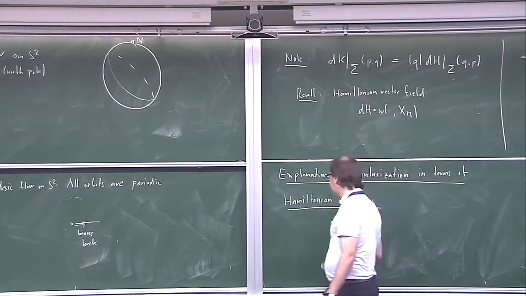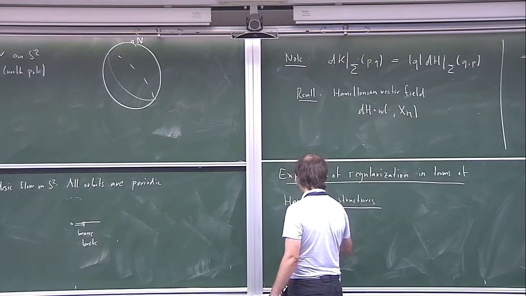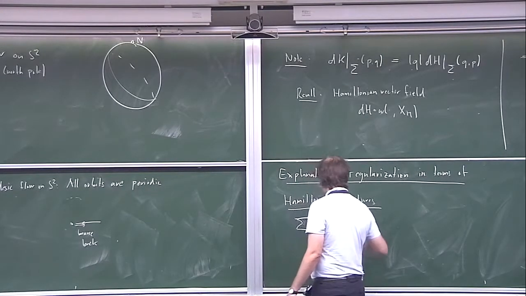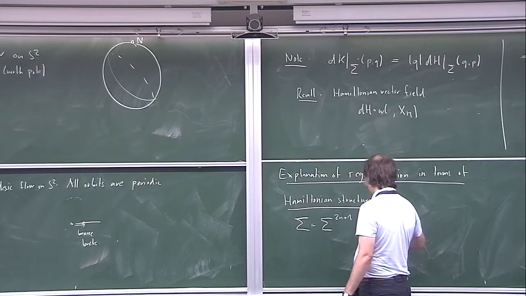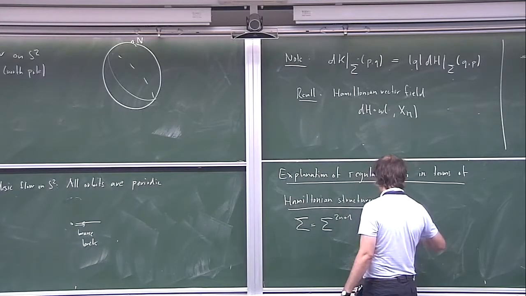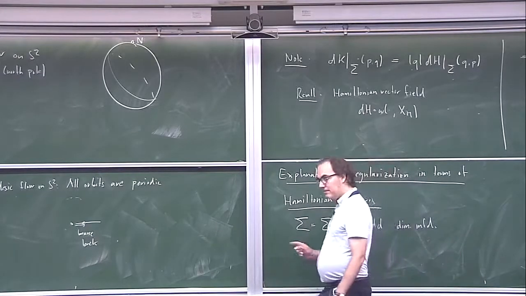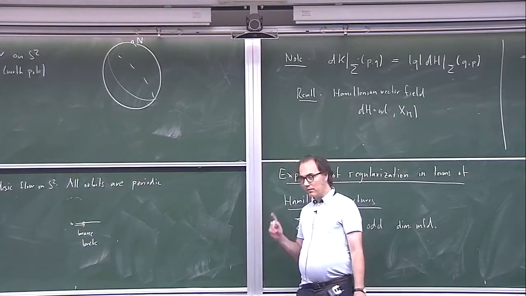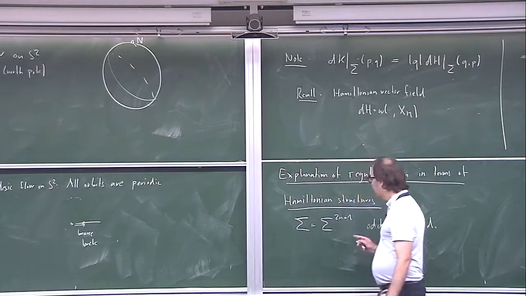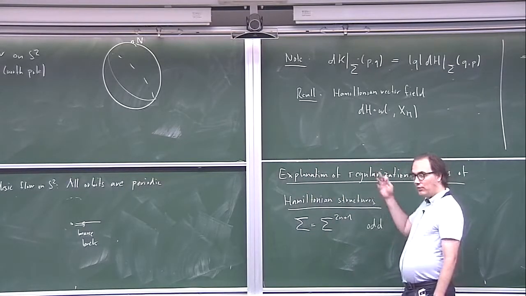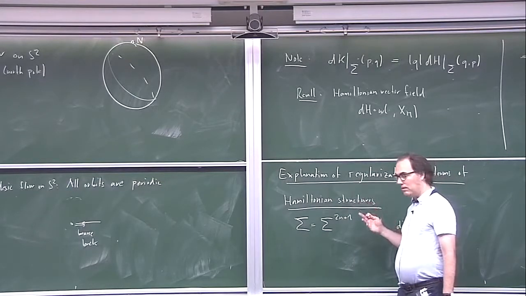So we have sigma, an odd-dimensional manifold, and now we don't have a contact form, but we have a Hamiltonian structure, which is kind of an odd-dimensional symplectic form.